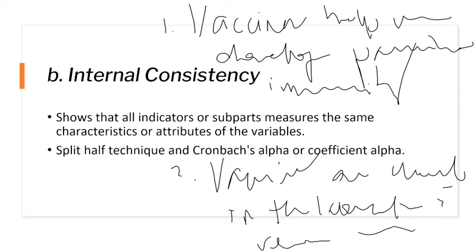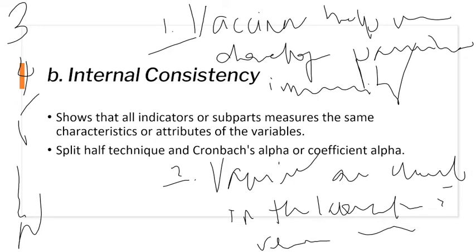Now, if I want to ensure that my questionnaire is internally consistent, if question number 1 is talking about vaccine, and question number 2 is talking about vaccine, then questions 3, 4, 5, up to 10 should talk about vaccine. Allow me to give an example. Your questions are about vaccine knowledge, and then suddenly you insert a question about acute kidney disease.